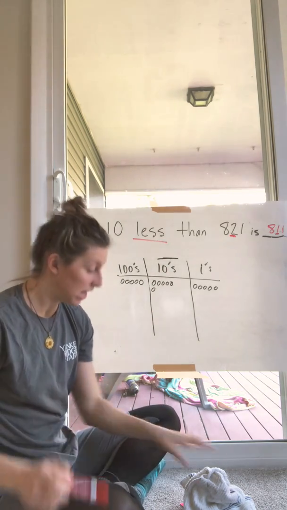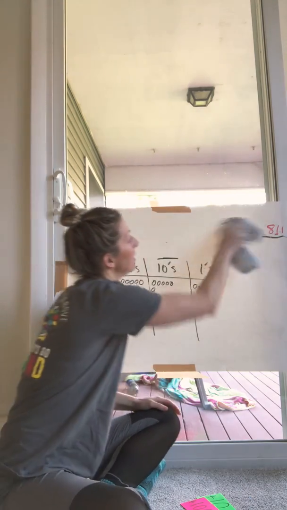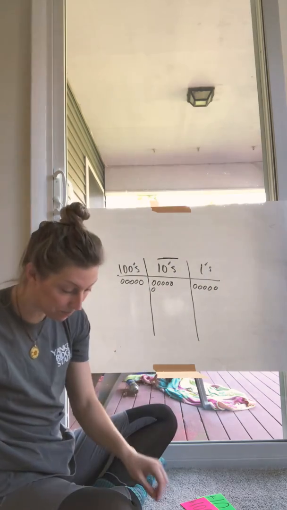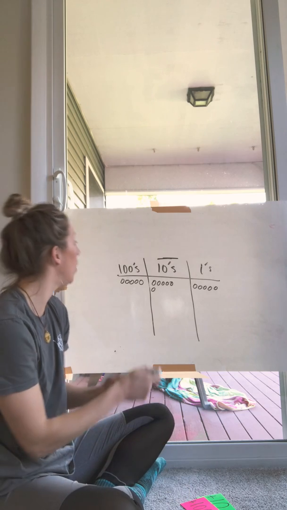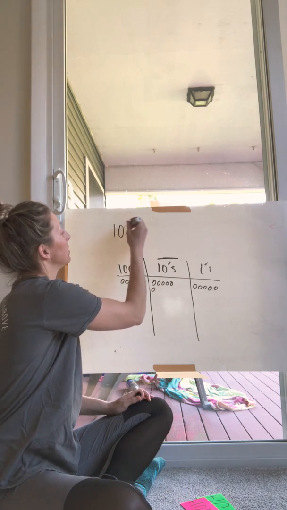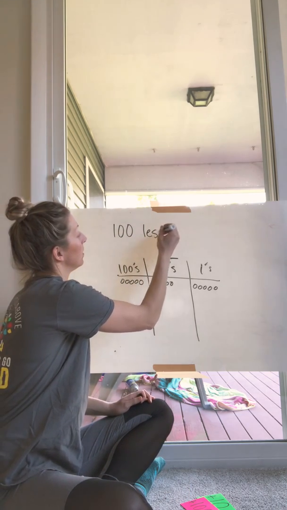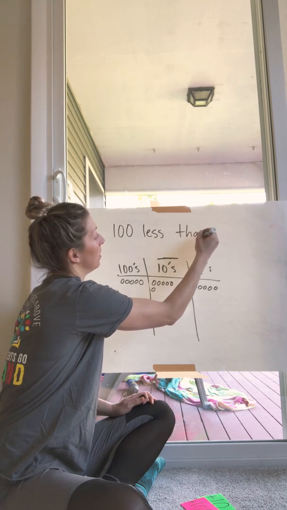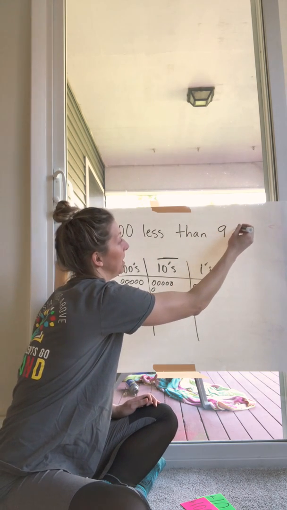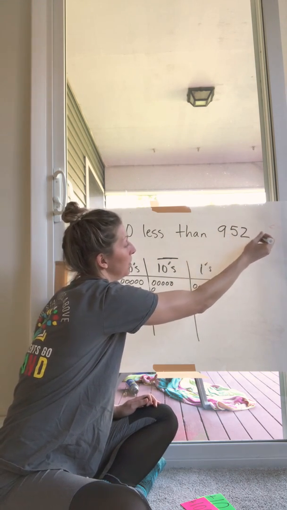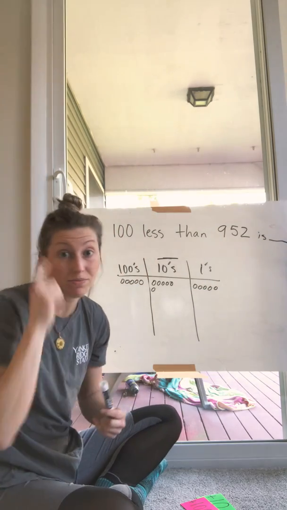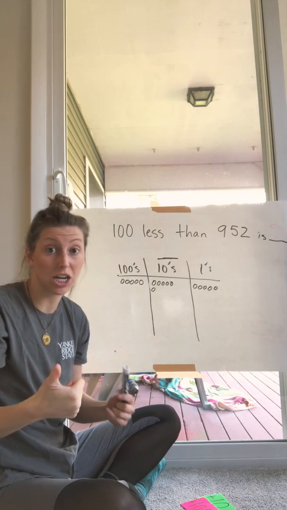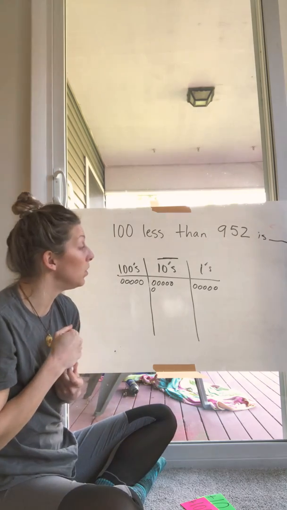Okay, and then our last example here is going to be if we had 100 less than 952. Again, in your brain, hundreds place, tens place, ones place.